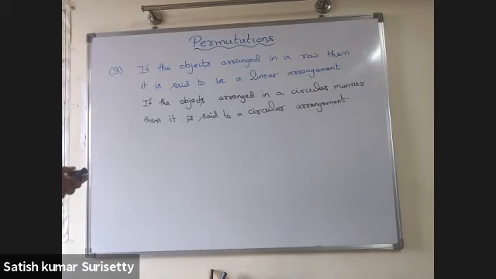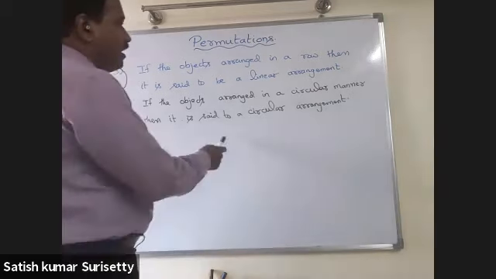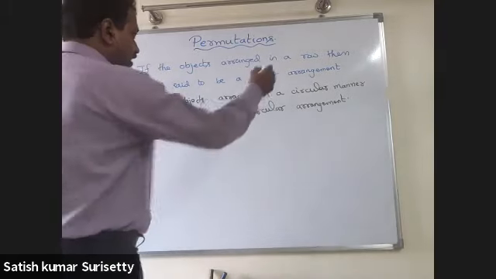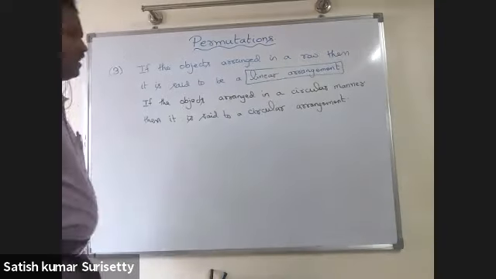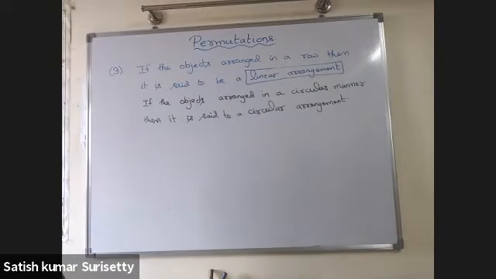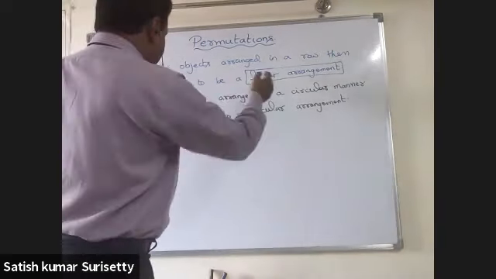So in general, when it is not mentioned, always we consider what? Linear arrangement only. If it is specifically mentioned, then only we will consider circular. Otherwise, objects arrangement will always be considered as a linear arrangement.